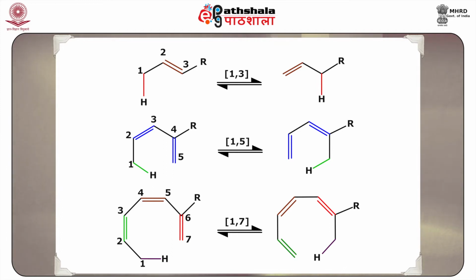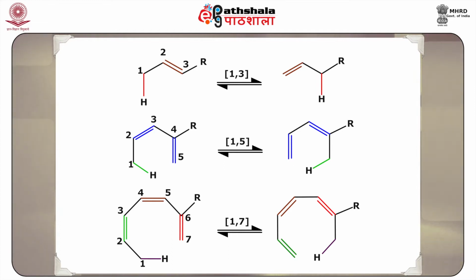For these reactions, the feasibility of reactions due to stereochemical constraints is governed by the total number of pi electrons present in the substrate. If the total number of pi electrons is 4n plus 2, then the suprafacial pathway is allowed, and if the total number of pi electrons is 4n, then the antarafacial pathway is allowed.